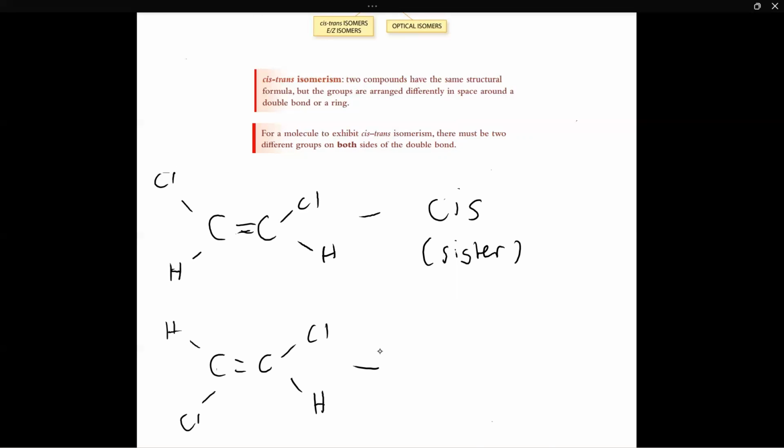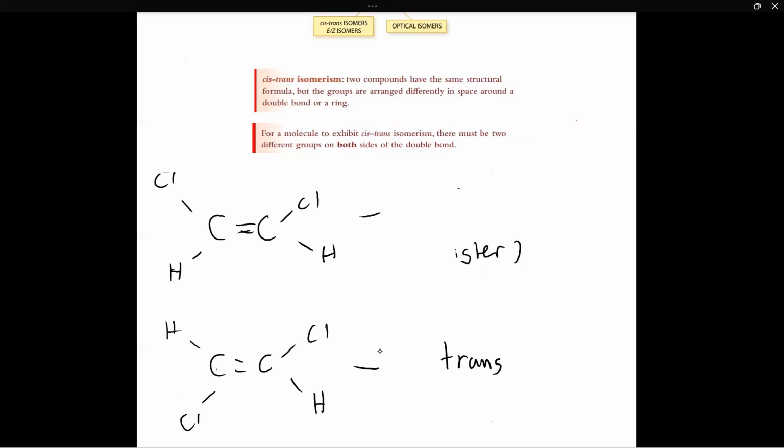And then automatically the opposite would be trans, where they're not on the same side. They're on different sides spatially. They're arranged differently. This would be trans. So that is cis and trans. Very, very simple.